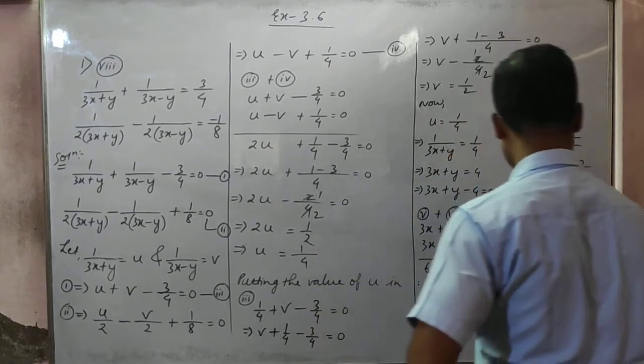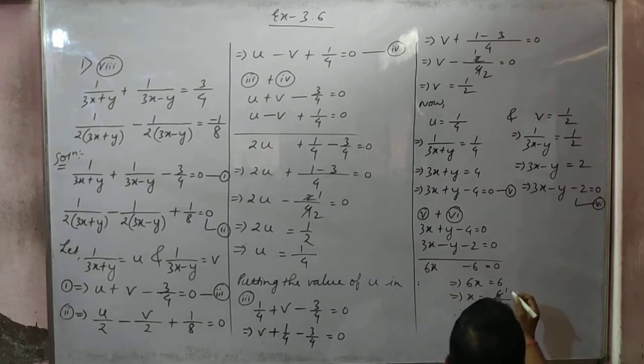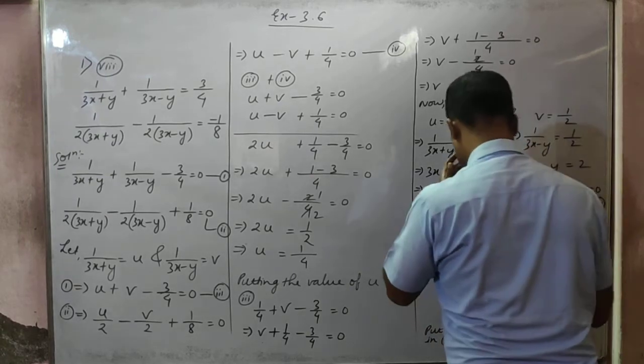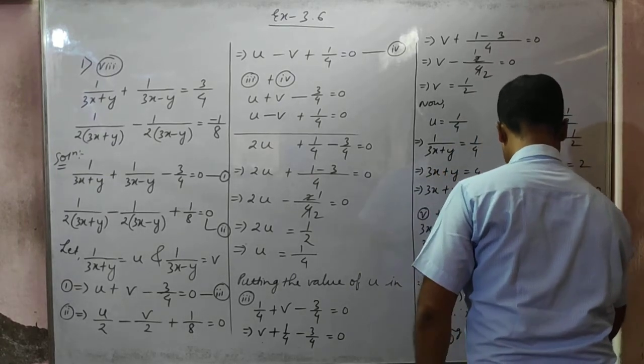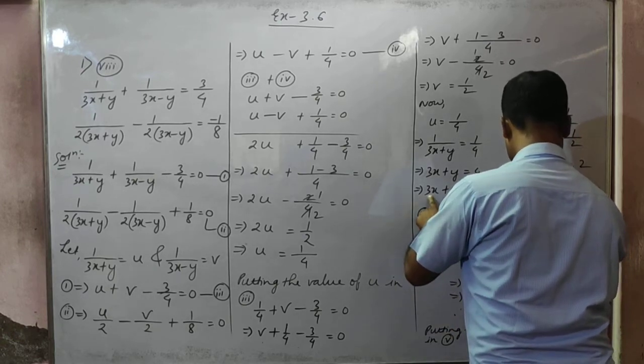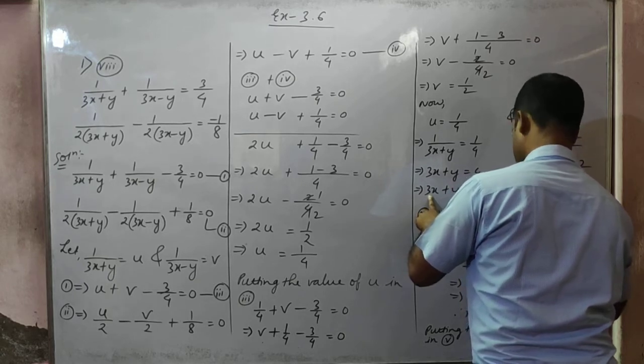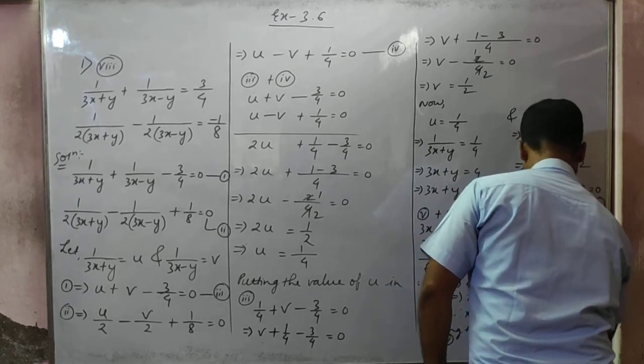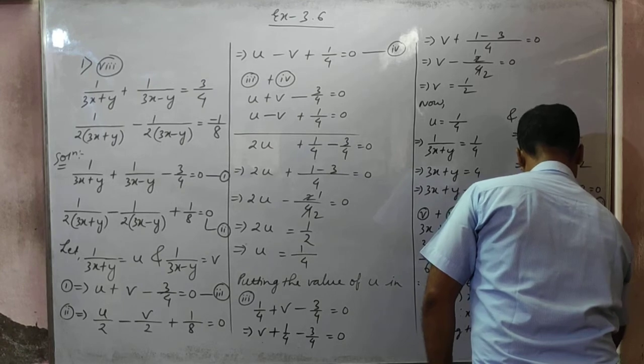Go to 1. The value of x in 5. Minus 4 will become minus 1.